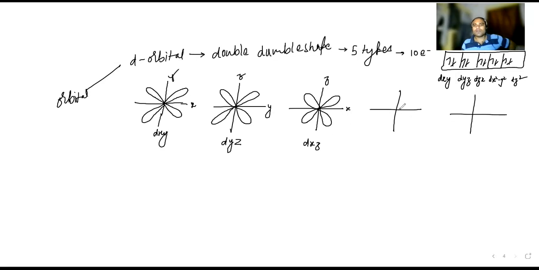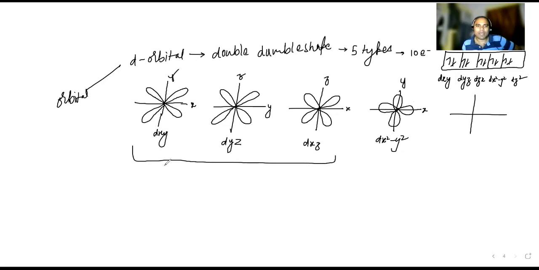Now you go for this one. If the orbitals are along the axis, not between the axis, it is called dx square minus y square, because the lobes are along the axis. Here, you see the lobes are between the axes.